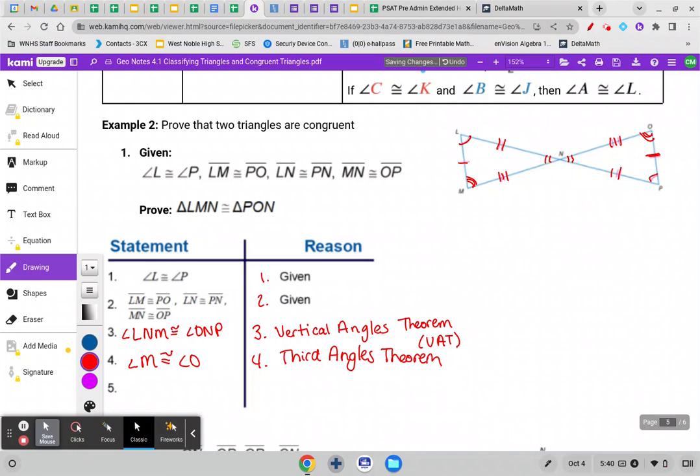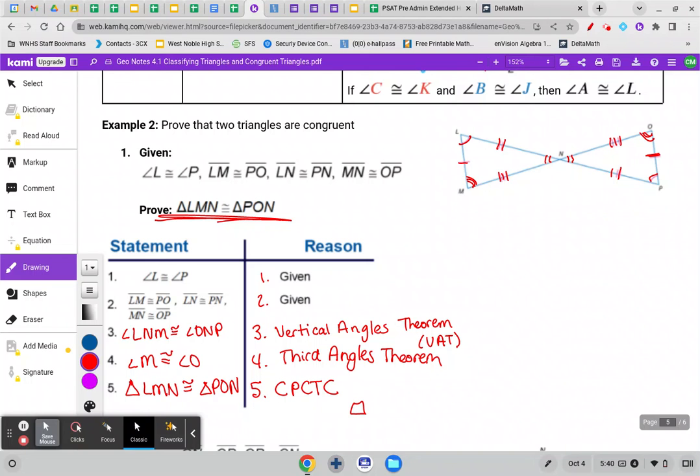And then, I should have said this at the beginning, but we are trying to prove that these two triangles are congruent. So, because all corresponding parts of these triangles are congruent, we can go ahead and say that triangle LMN is congruent to triangle PON. And I'm going to use the shorthand CPCTC.